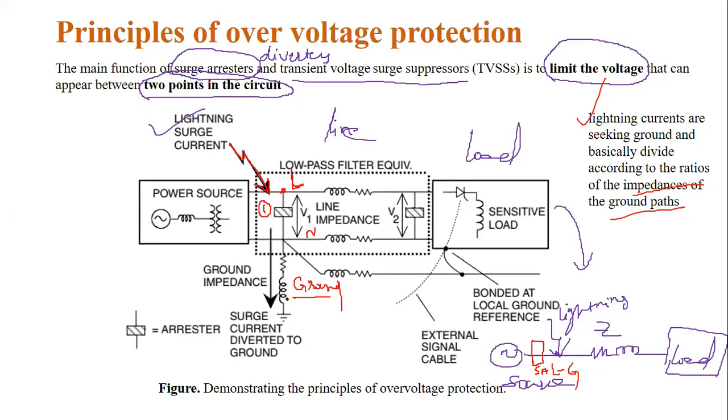Now see, this symbol is the surge arrestor. There is a lot of research on where you connect the surge arrestor from line to ground. Which place or which ground? What type of ground are you choosing?